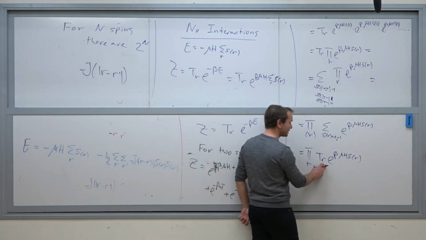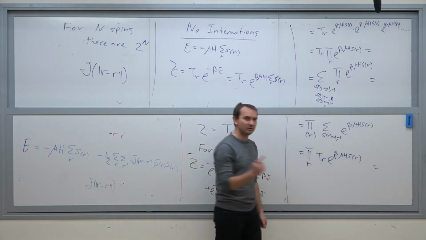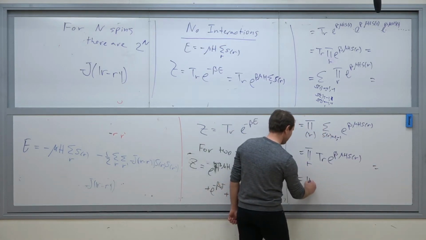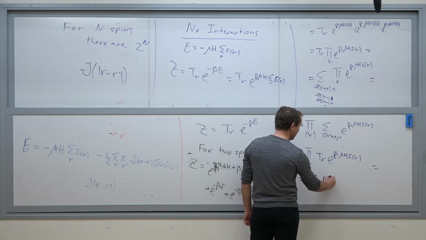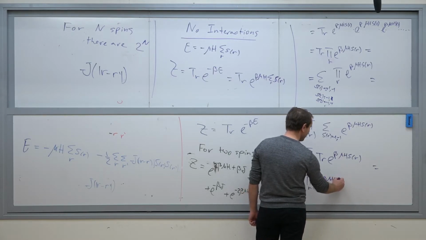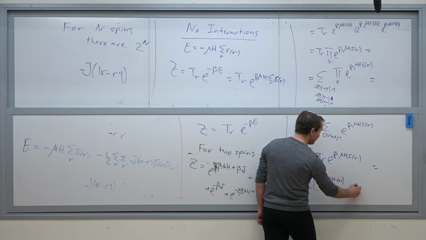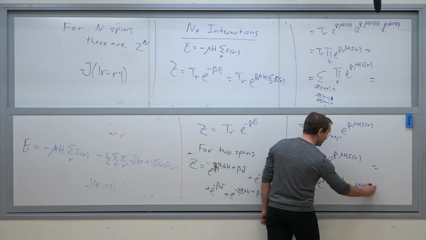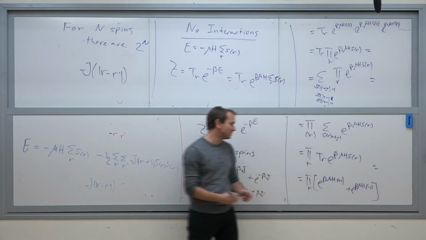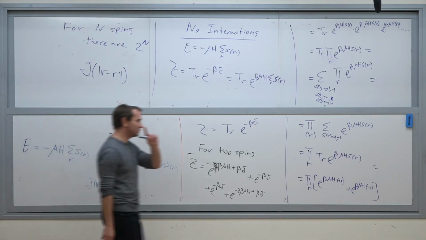Okay, and what is this trace of e to the beta mu h s of r? It is a summation. The term for each r is simply e to the beta mu h multiplied by plus 1, plus e to the beta mu h multiplied by minus 1. I count all the possible states that I have for a single spin.